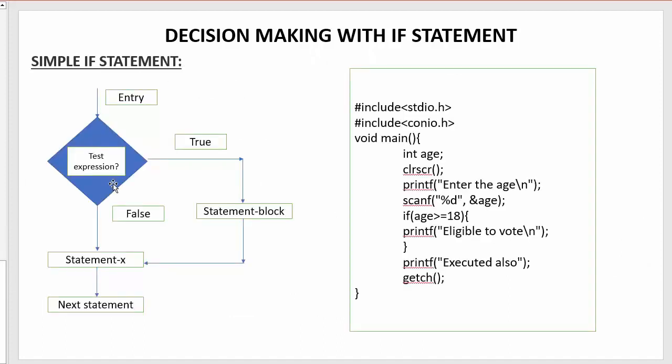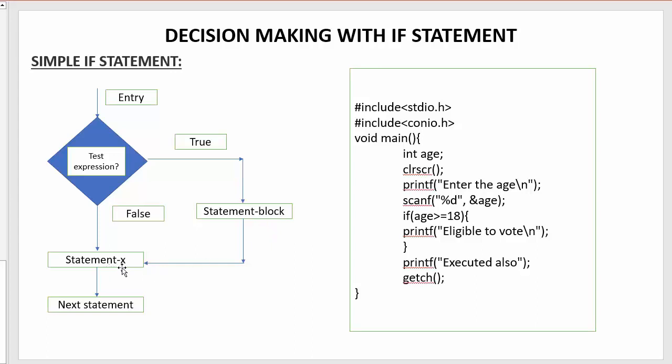So here I have taken a simple flow diagram of the simple if statement. This is the entry point for the simple if statement, and inside this diamond I am checking the test expression, the boolean expression. If this condition becomes true, then control will come here, and the statement block gets executed.